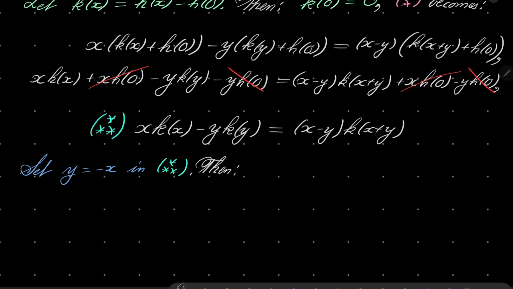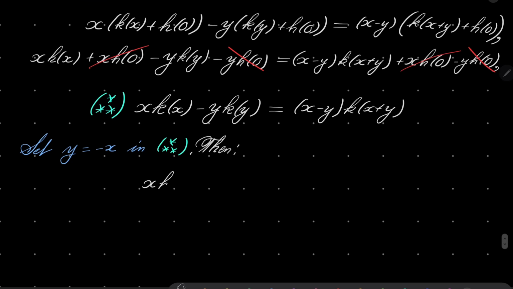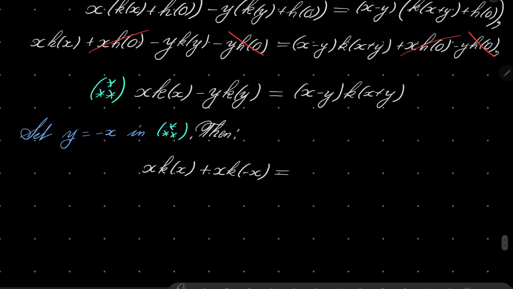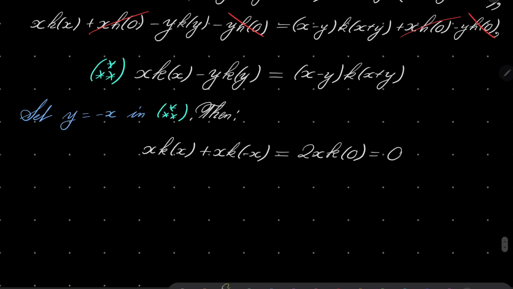Well, then we have the following: x k of x plus x k of minus x equals x minus minus x, so it's 2x k of 0. But remember that we have established that k of 0 is 0. So it's 0. Which means that in particular, for every real number x, k of x plus k of minus x equals 0.